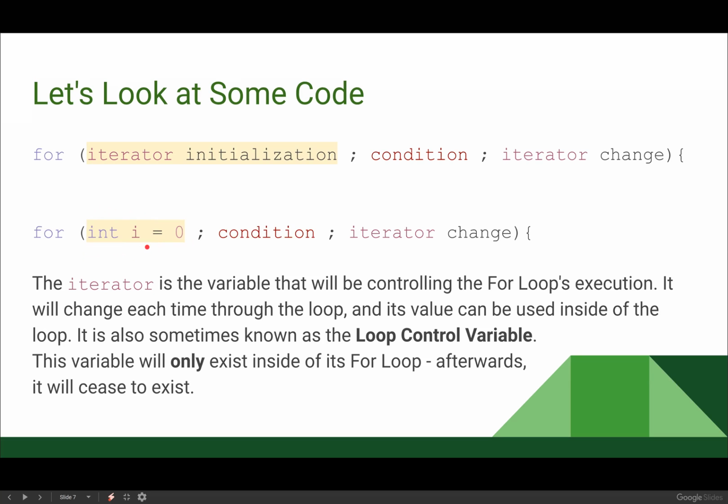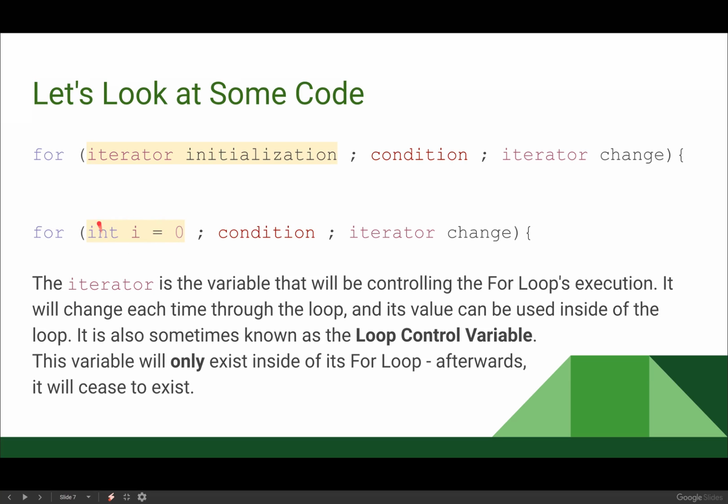And since it's a variable, its value can be used inside of the loop. Sometimes it is referred to as the loop control variable. This variable will only exist inside the for loop. And afterwards, if you try to access that variable i, it will not exist. So after your for loop is finished, i ceases to exist.